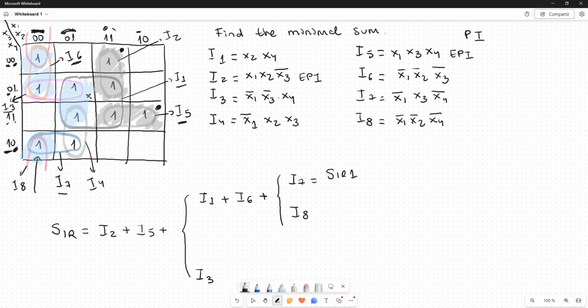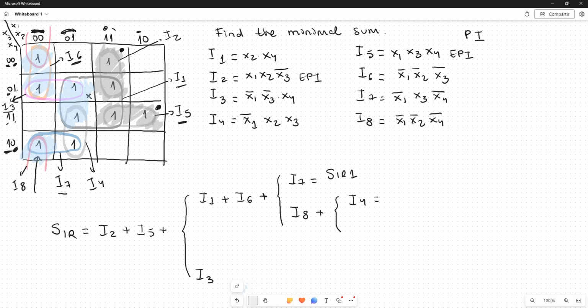In this case, to cover the remaining one we can use implicant 4, and with implicant 4 we have covered all the ones. So this is another solution, irredundant sum 2.